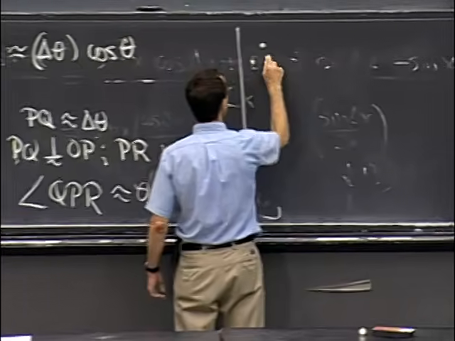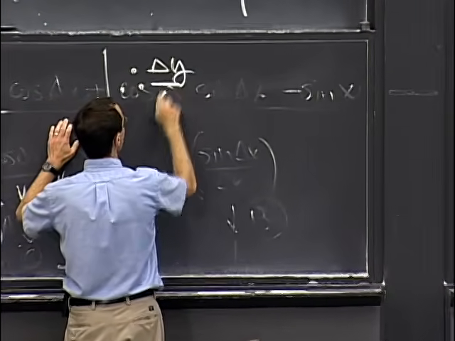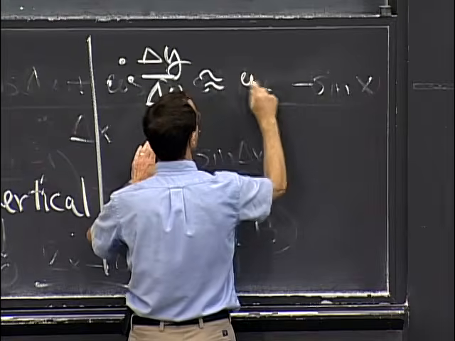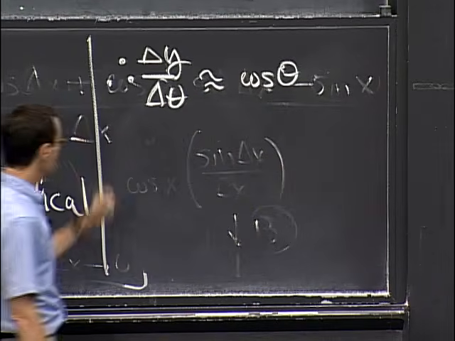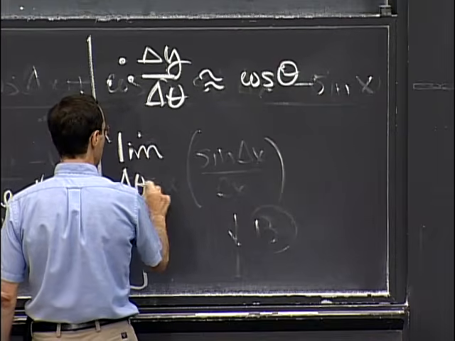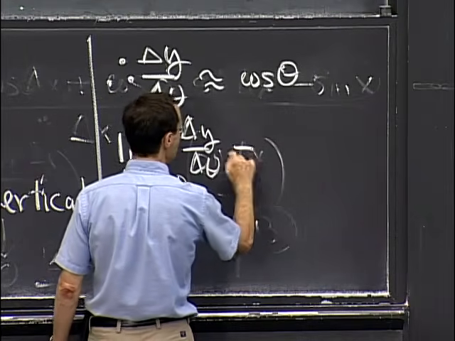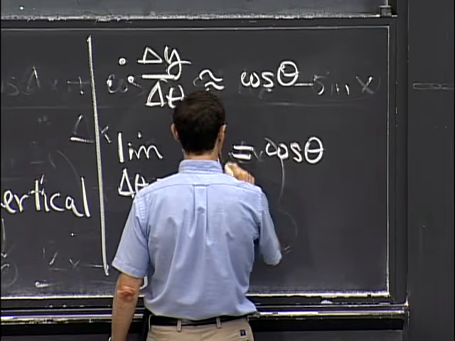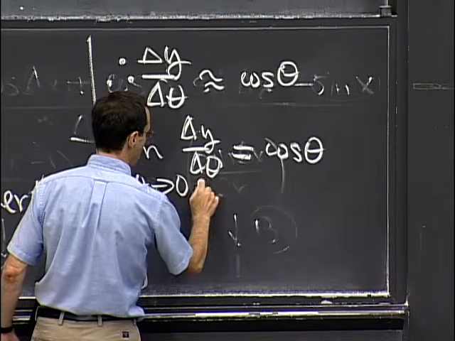If we divide by delta theta, we get delta y divided by delta theta is approximately cosine theta. And what we want in the limit is exactly the limit as delta theta goes to 0 of delta y over delta theta equals cosine theta. So we get an approximation on a scale that we can visualize, and in the limit, the formula is exact.